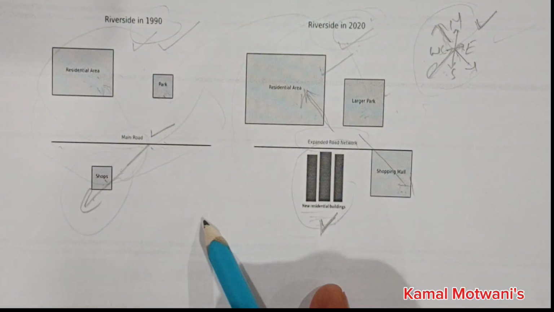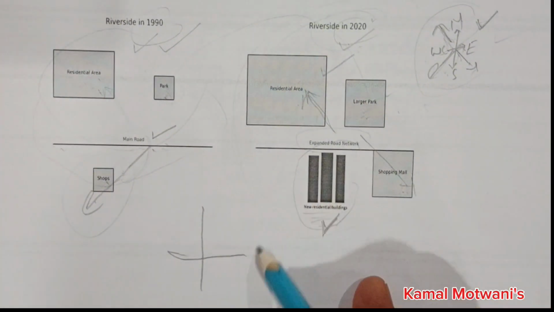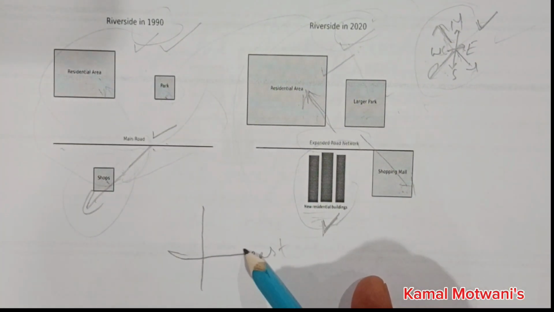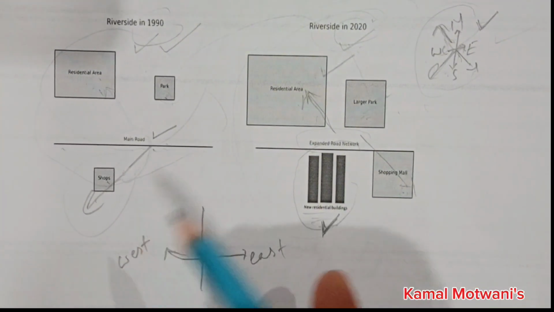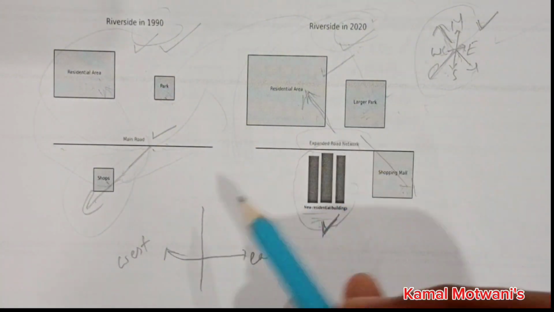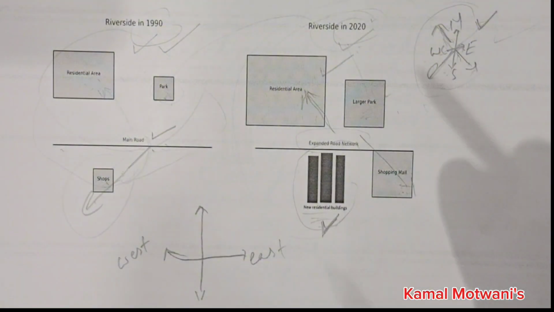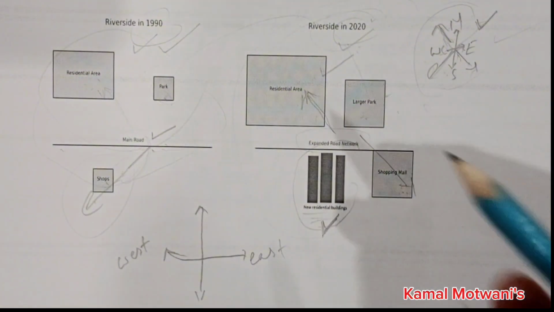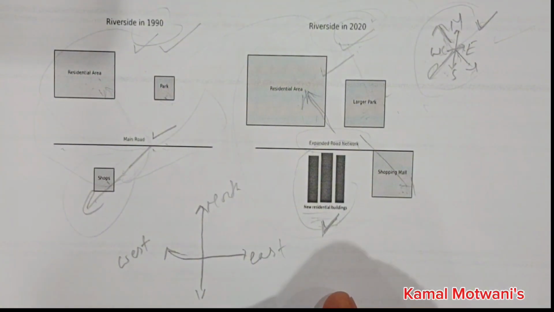In case you still have problems with the directions, I am again drawing it for you. This is east, but these directions are always given by the examiner. In case these are not given, even then you can use them naturally as these directions are depicted: east, west, north, south.